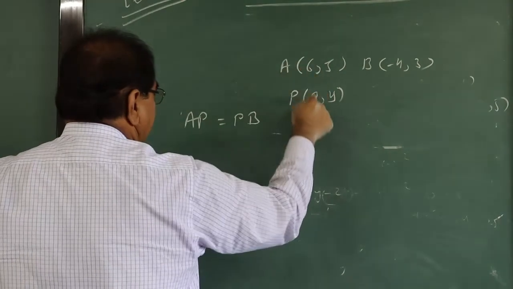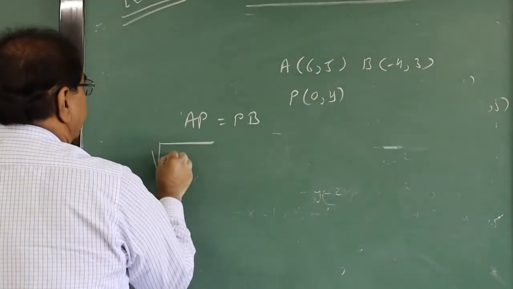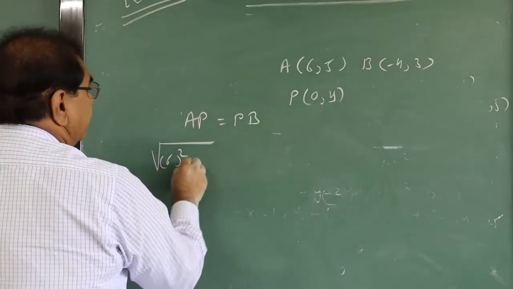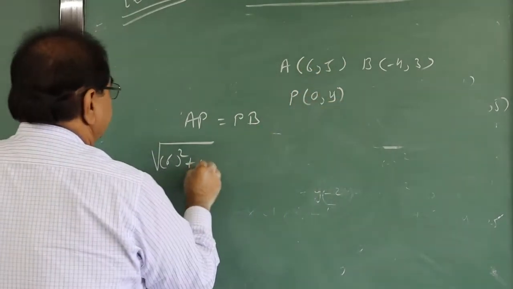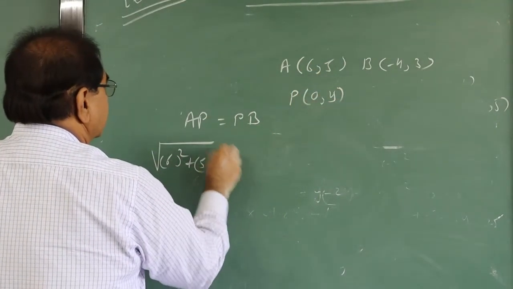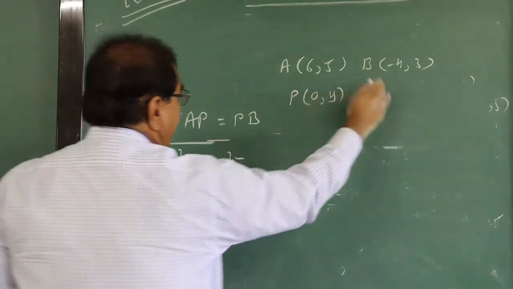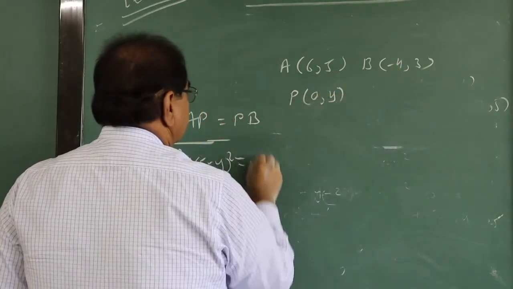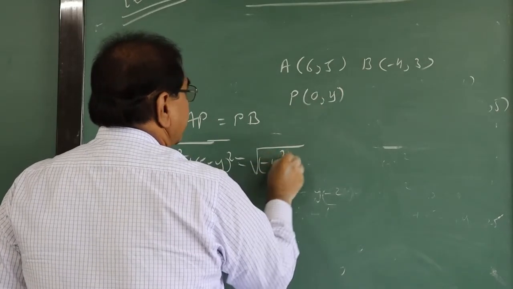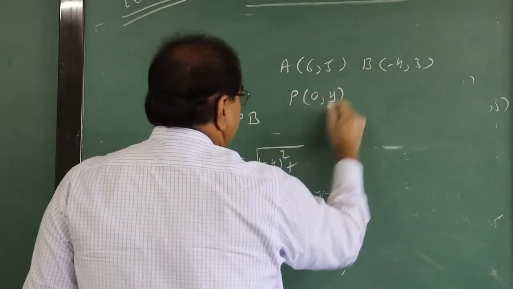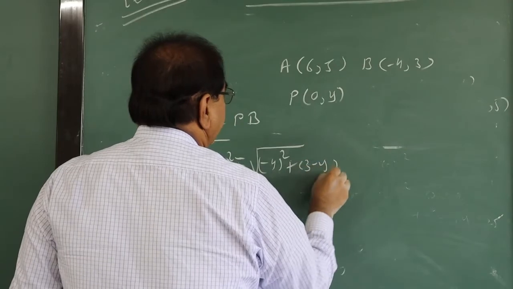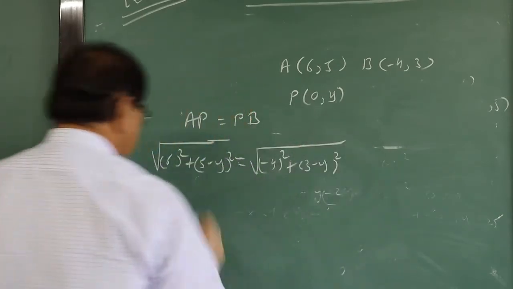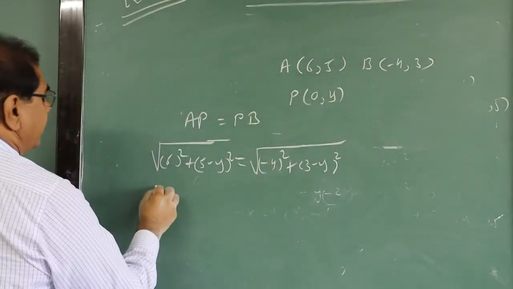So 6 minus 0, it is 6 square, plus 5 minus y the whole square is equal to. Now PB. Minus 4 minus 0, minus 4 whole square, plus 3 minus y the whole square. Okay, square root is gone from both sides.